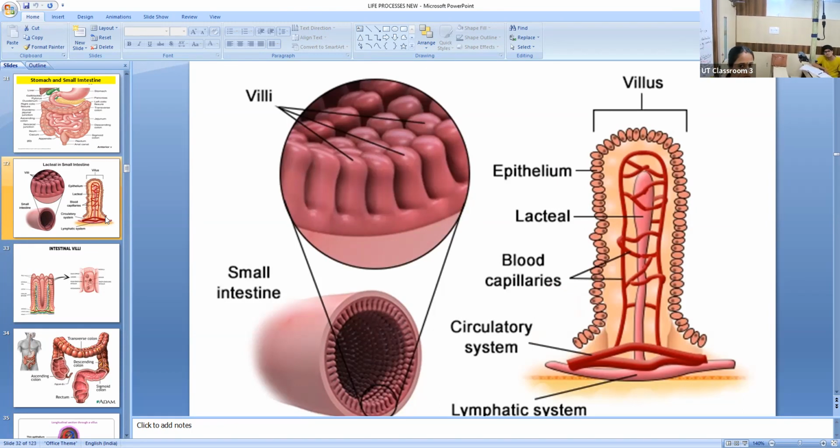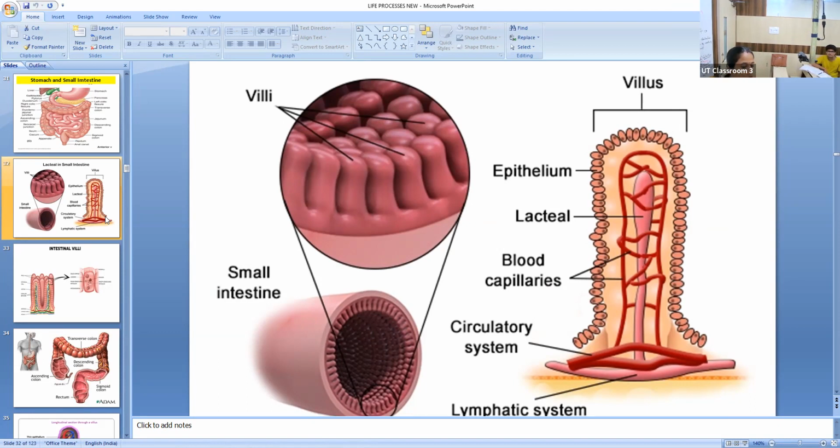Every single villus has a single layer of epithelial cells, and a large number of blood vessels. Look here, blood vessels and some lymph vessels also. First remember that the lymph vessel will help in the absorption of fats, and the blood vessels will help in the absorption of glucose and amino acids.